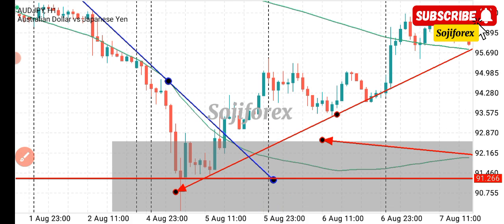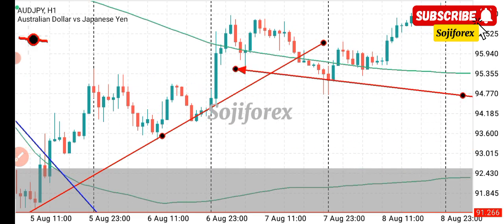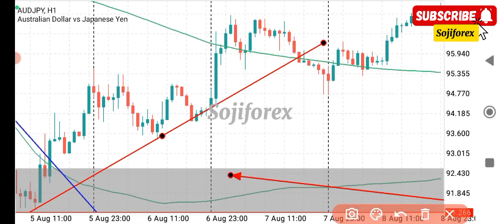My take profit is going to be at this point. Immediately price breaks out of my trend line, I will exit the trade. When price breaks it, remember I don't have any of this zone here.